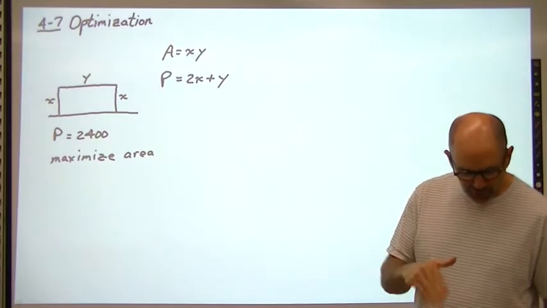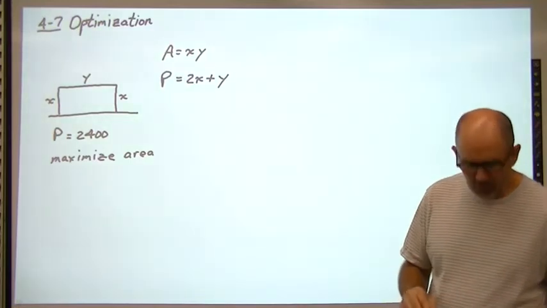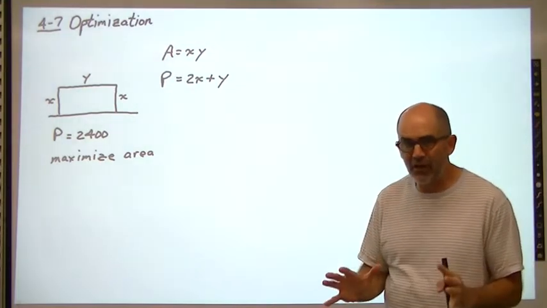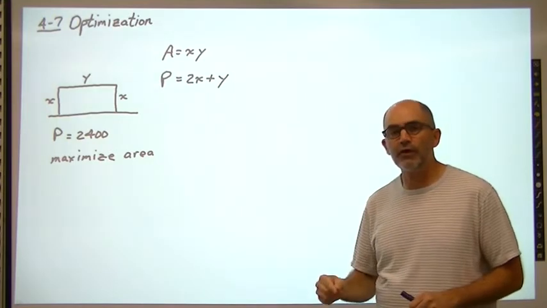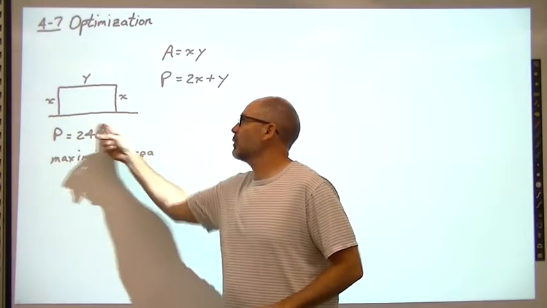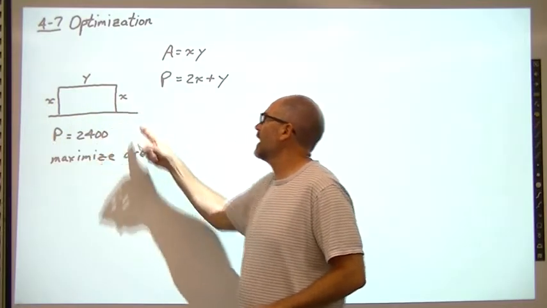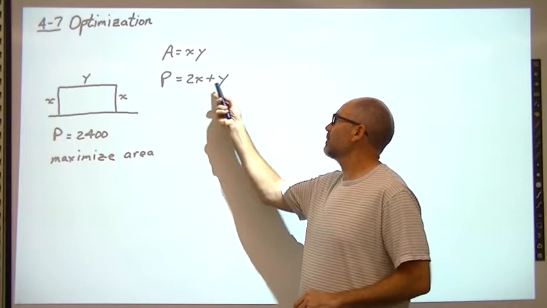That'll give us our 2,400 feet, and it'll give us a certain area. We want the biggest area that we can get with that 2,400 feet of fence. Now, with the river on the bottom side, we don't count that side, so we really only count the 3 sides. So that's why perimeter is 2x plus y.